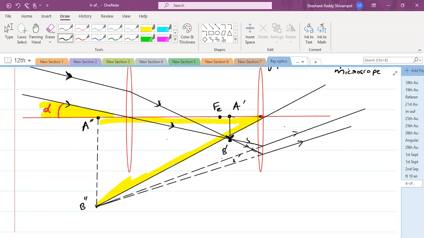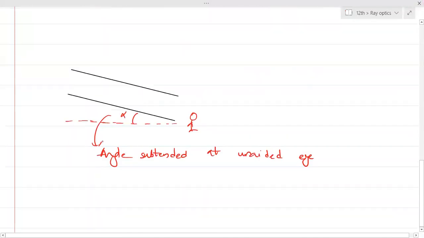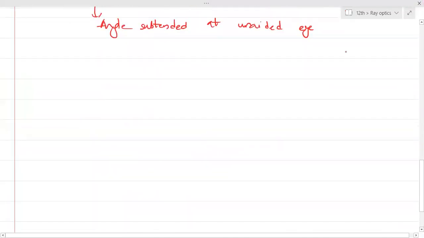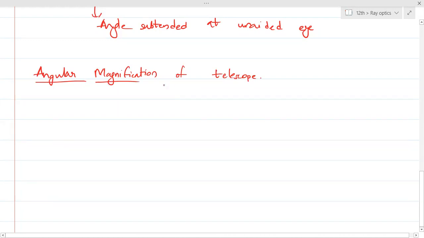Now here first we'll go into the definition of angular magnification for this. Now देखो, the definition of angular magnification for microscope and for telescope are different. So do not go for the same definition. ठीक है? So again normally the symbol होगा m itself, or the magnifying power. We also call it magnifying power. The general symbol will be m itself. ठीक है?